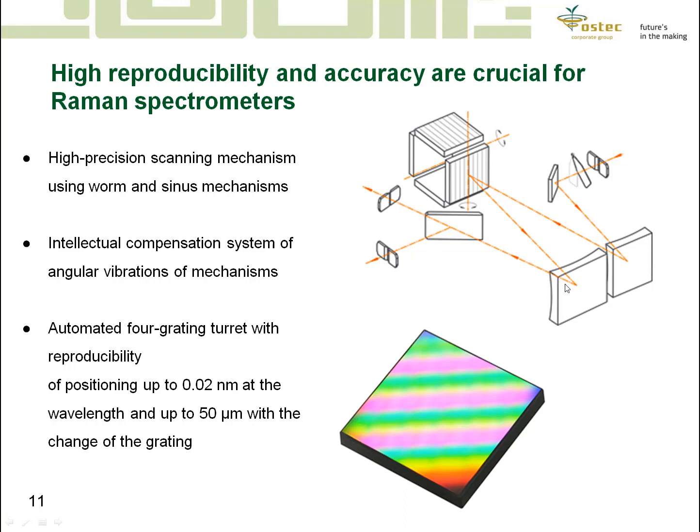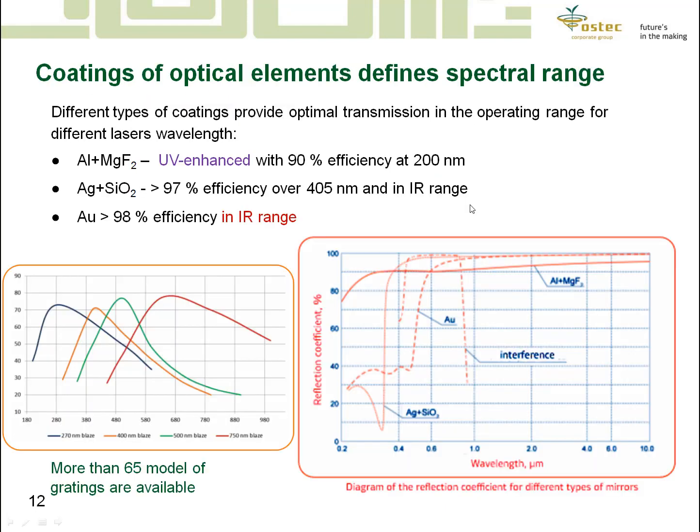So after the grating we have a dispersion in angle, and to focus it on the CCD we use the second parabolic mirror, and it can be focused to the CCD or avalanche photodiode. For Raman spectroscopy it's very important to have high reproducibility and high accuracy of rotating such gratings, such motors which control the position of the grating.